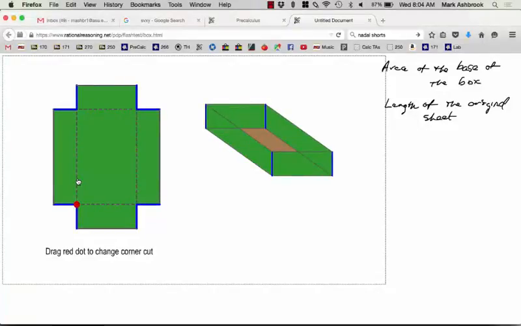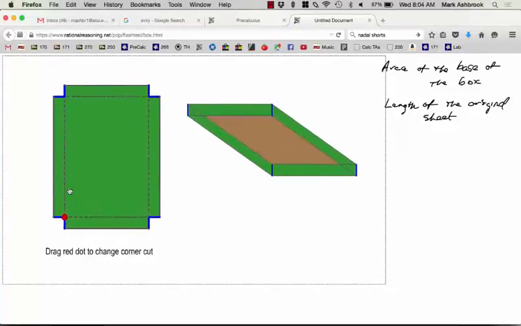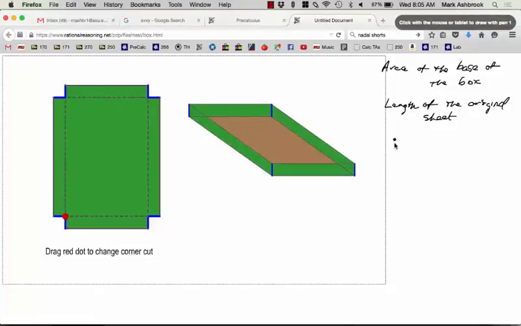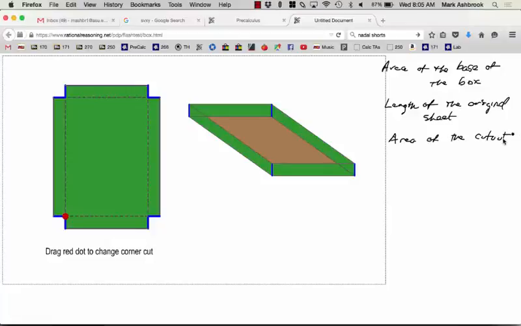Whoa, that was 3 different things. What do you want? Area of the cutout. Okay, another quantity. Let's see. John.